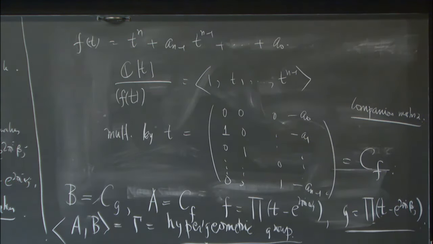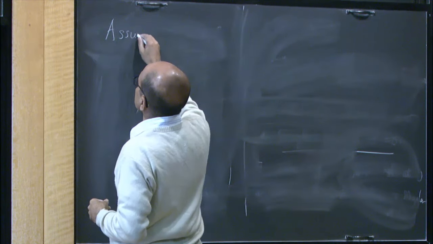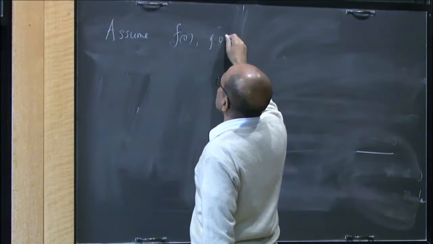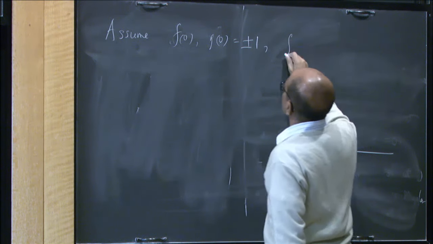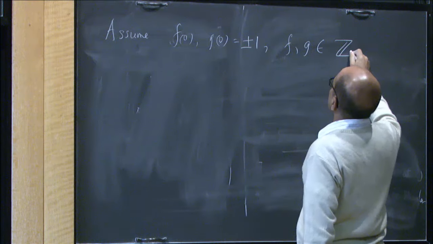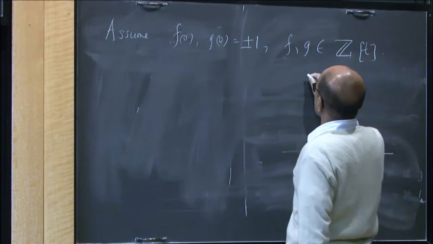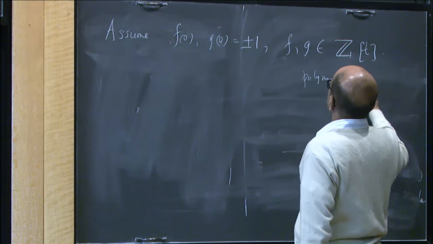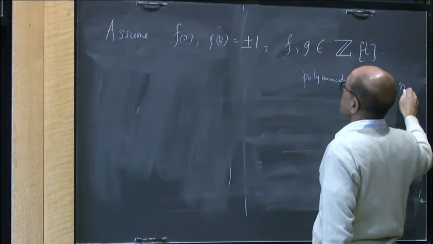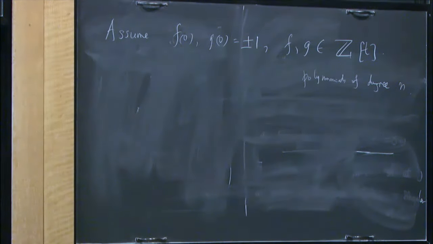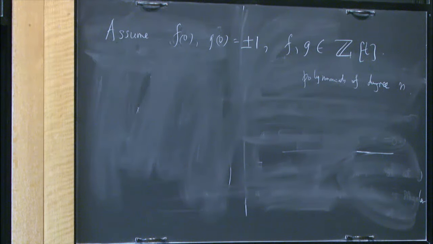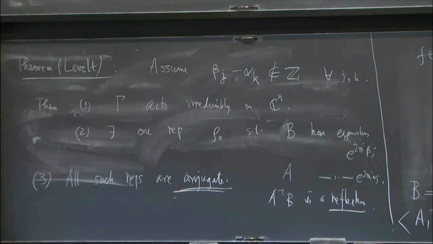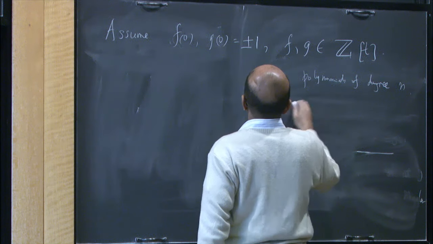So we will assume, for convenience, f of 0 is plus minus 1, g of 0 is plus minus 1, f and g are polynomials of degree n, and this condition really means that f and g have no common factor. f and g coprime.